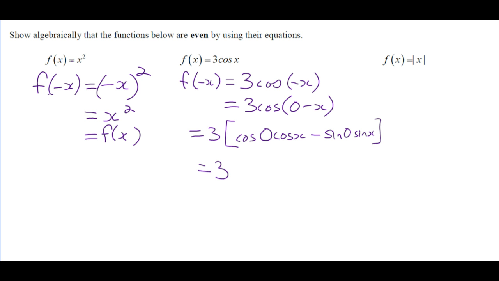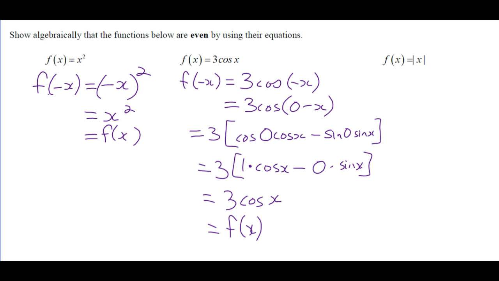Which is equal to 3. Now the cosine of 0 is 1, times cos x, plus the sine of 0, which is 0, times sine x, which is equal to 3 cos x, which is f of x, right?